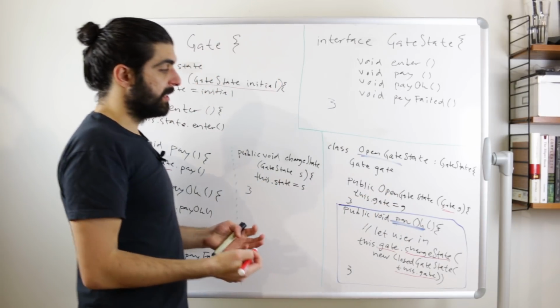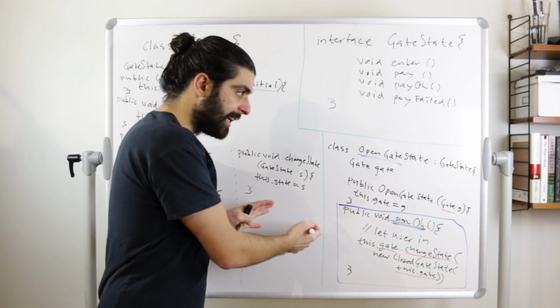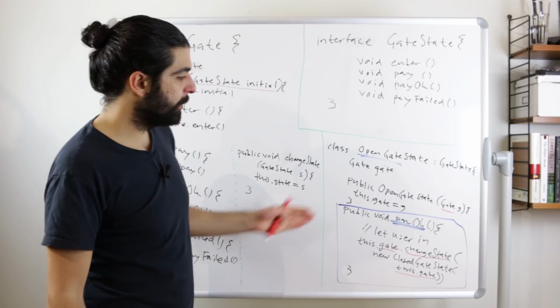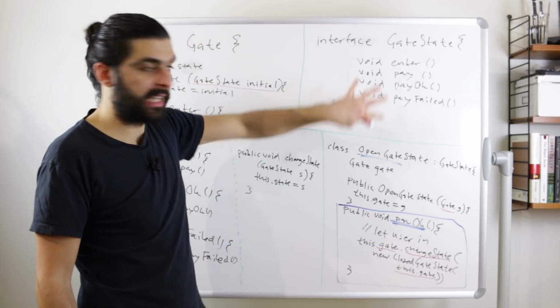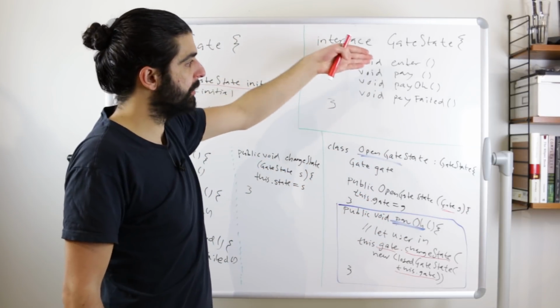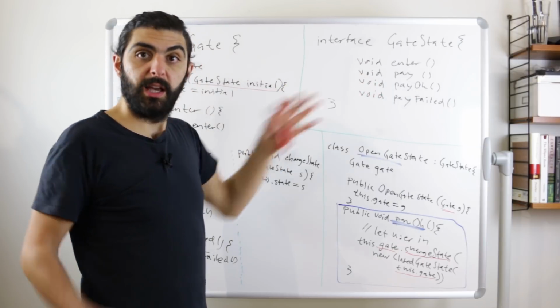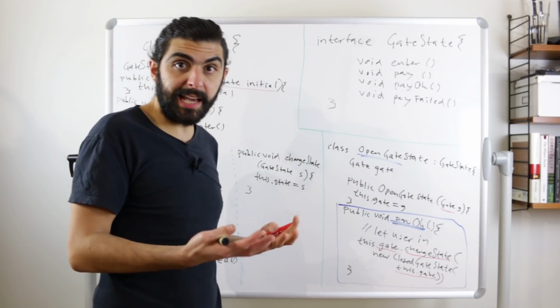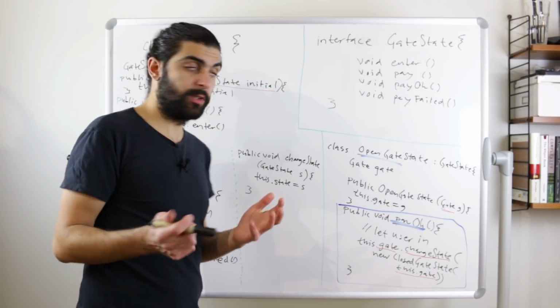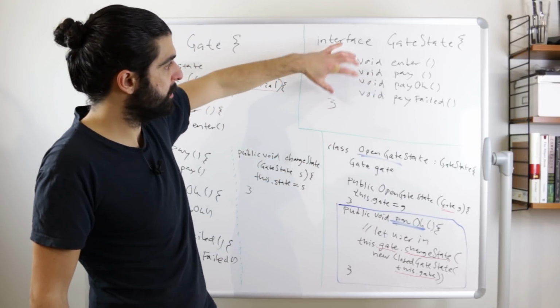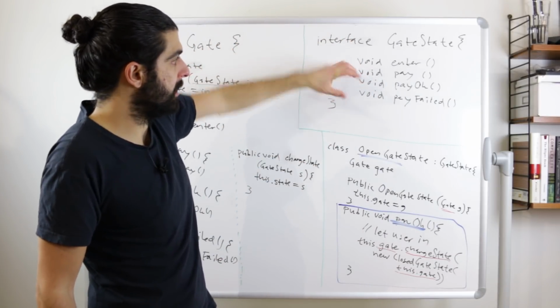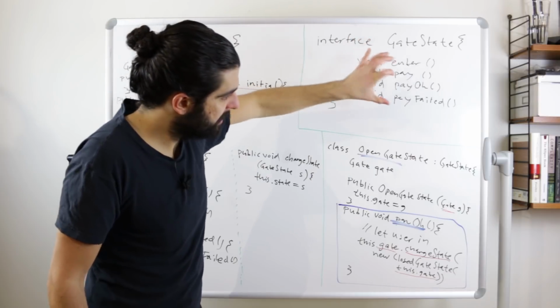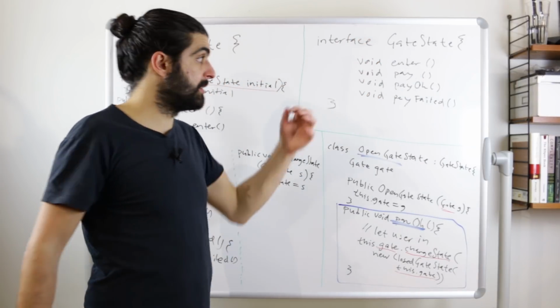The other alternative would be that we simply pass the gate to the gate state whenever we call one of these methods from the gate state interface. So whenever we call enter, pay OK, or pay failed, we would also supply the gate. If you think about it, that's actually not a crazy idea, because then we can specify on the interface level that these methods necessarily need a reference to a gate.